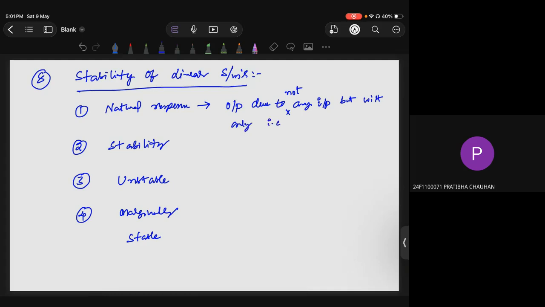Is this clear? That is called the natural response. We should not apply any input. So it is the system response only due to the initial conditions.